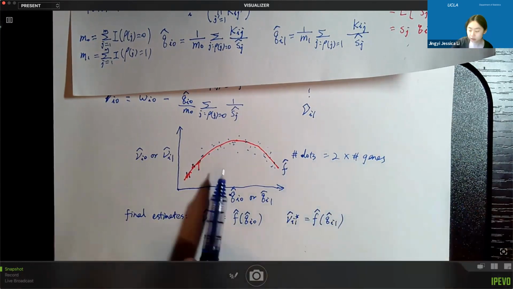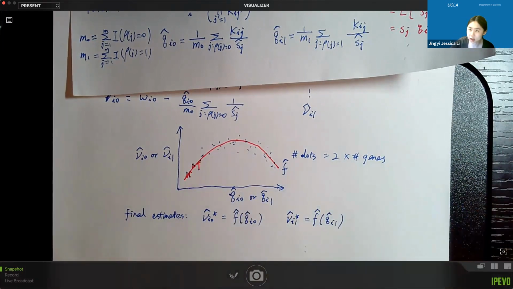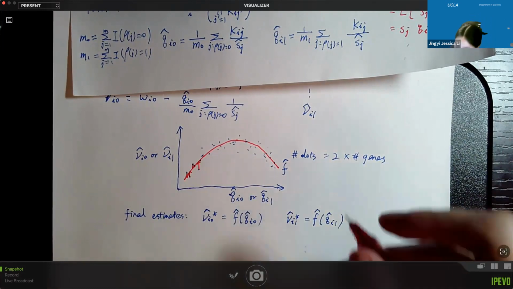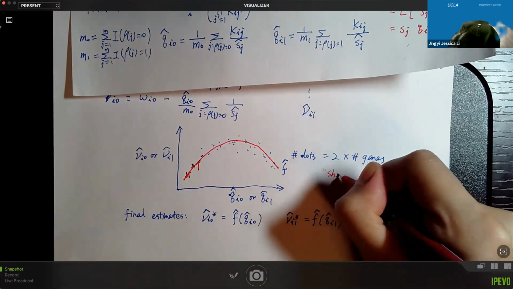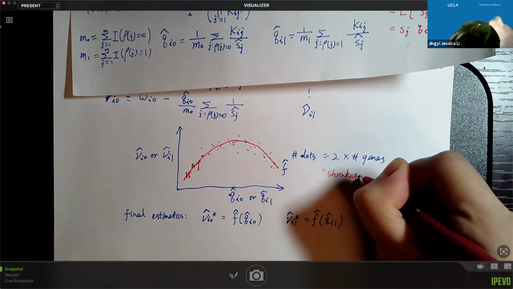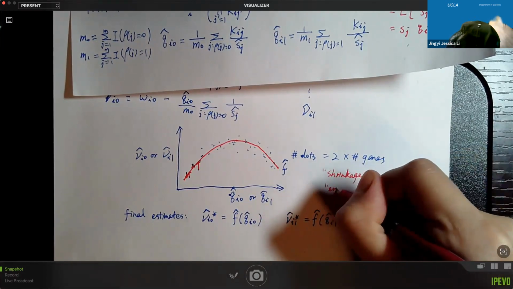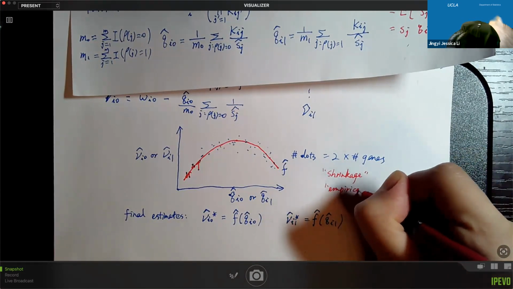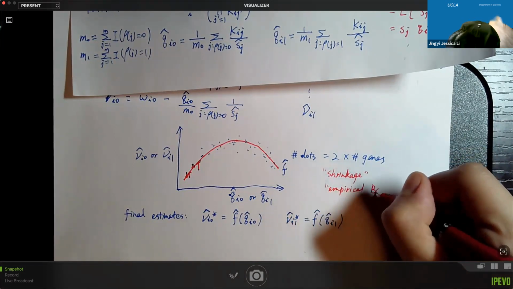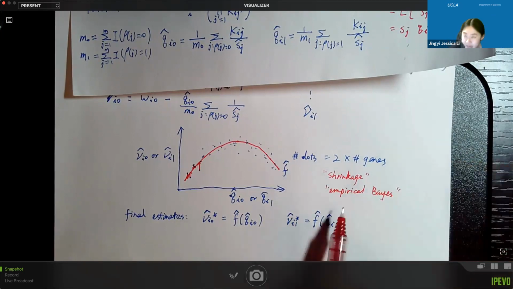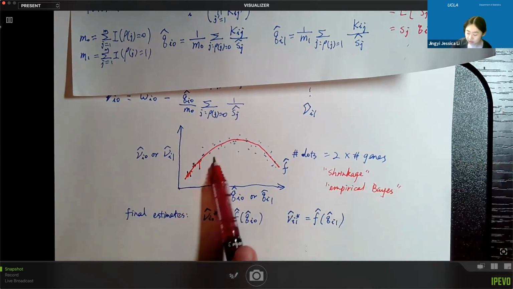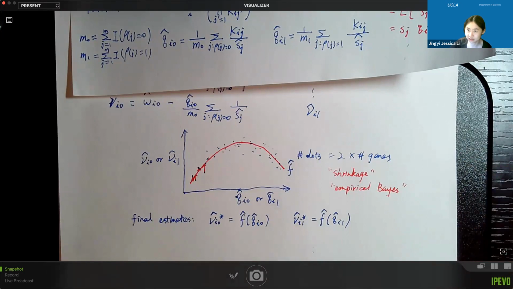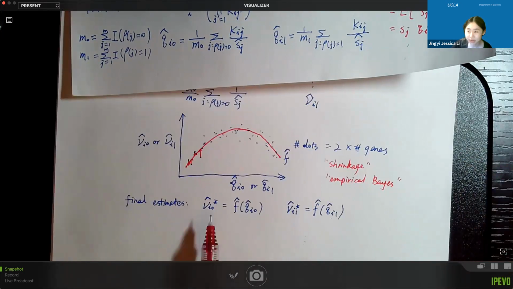This is a common approach in statistics called shrinkage, or you can also call this empirical Bayes. The reason is that we are pooling all genes together to refine each gene's estimate. The curve here is fitted for all genes, not just for a single gene, but the estimate we want is for one gene.